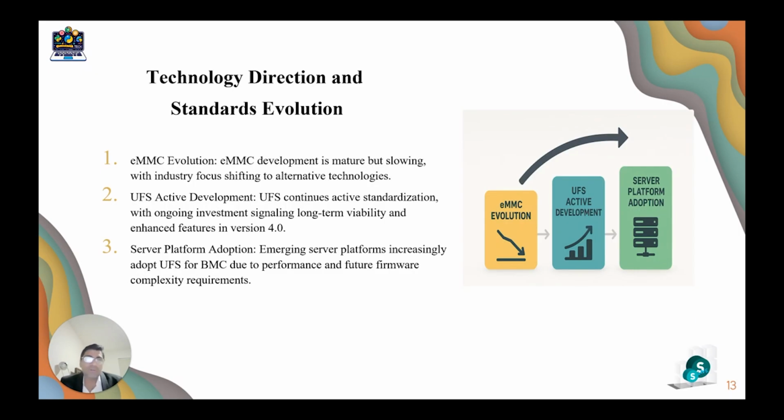So let's talk about the technology direction now. eMMC is matured, and it's slowing now because you don't have higher capacity, right? And security wise, there is an issue. There is no error correction mechanism built in.